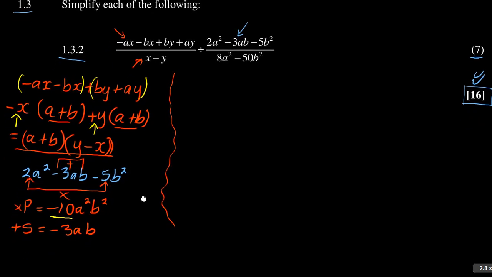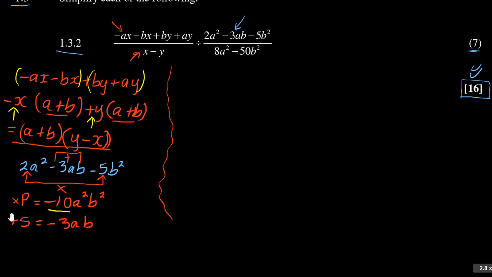So now when I've done that, I then move on to look at the factors of 10, which is 1 times 10 and 2 times 5. Those are the only factors of 10, and when I multiply them, I must get a -10, which means one of the numbers must be negative. But the key one is the sum, which says when I add those two numbers, I must get a -3.